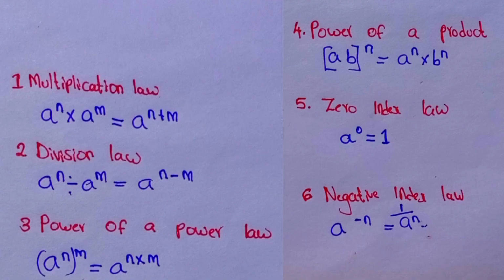So in other words, as our recap: multiplication of the same base, we add the powers. Division of the same base, we subtract powers, that is the numerator over the denominator. Power of a power, we multiply powers. Power of a product, give each factor the power. Power 0 equals 1. Negative power, reciprocal of the positive power.